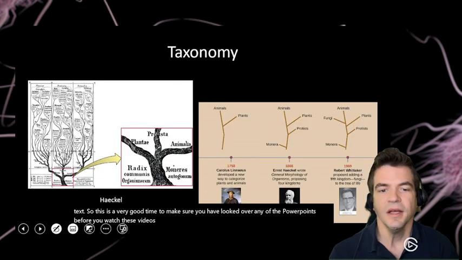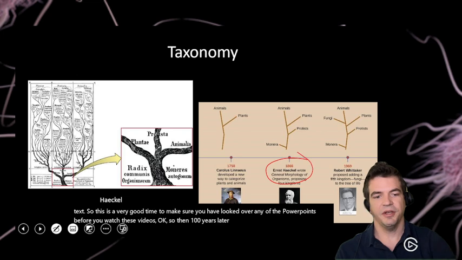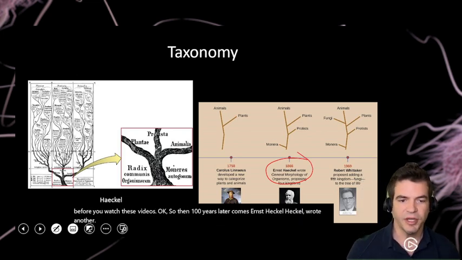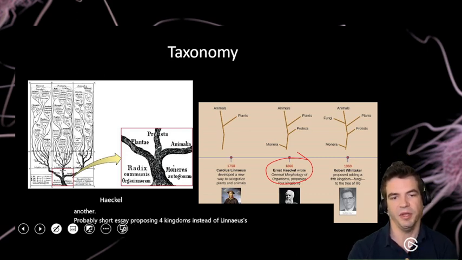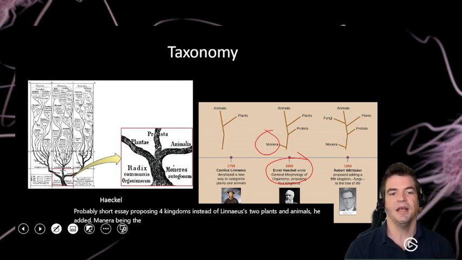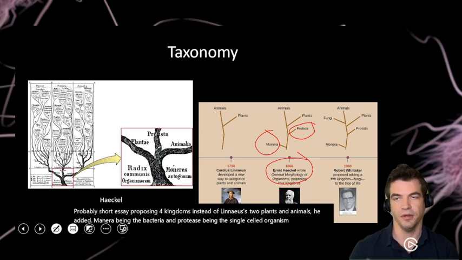So then 100 years later comes Ernst Haeckel. Haeckel wrote another probably short essay proposing 4 kingdoms instead of Linnaeus's 2, plants and animals. He added Monera being the bacteria and Protista being the single-celled organisms that we saw in our pond water.